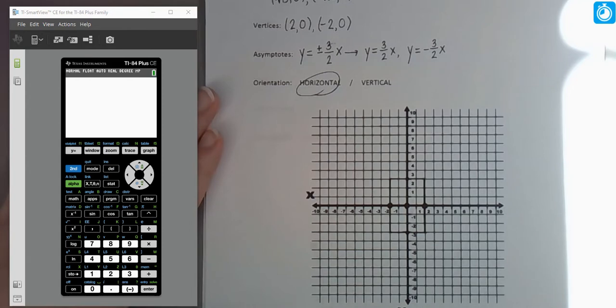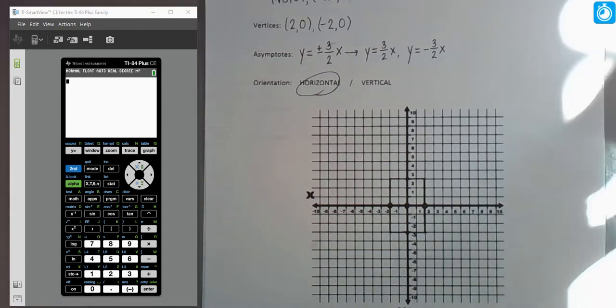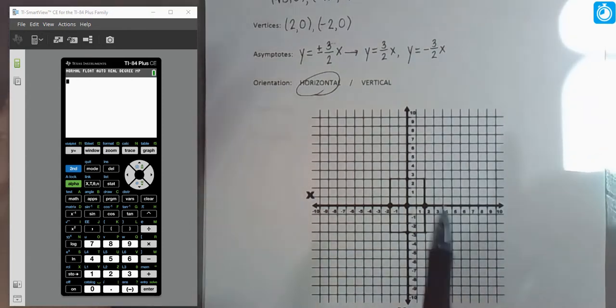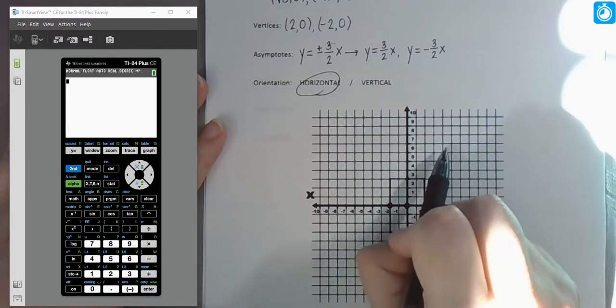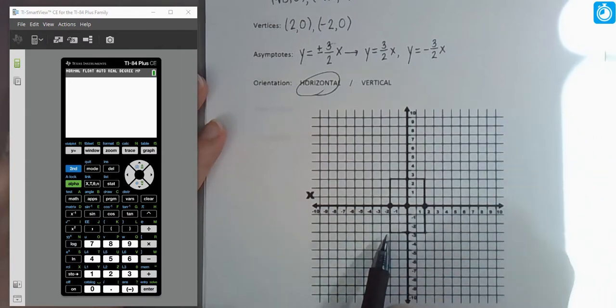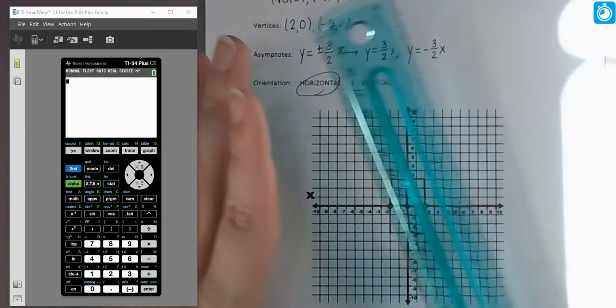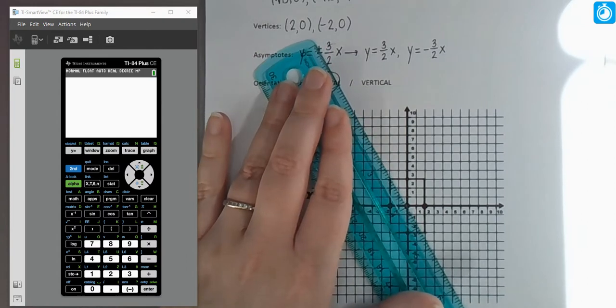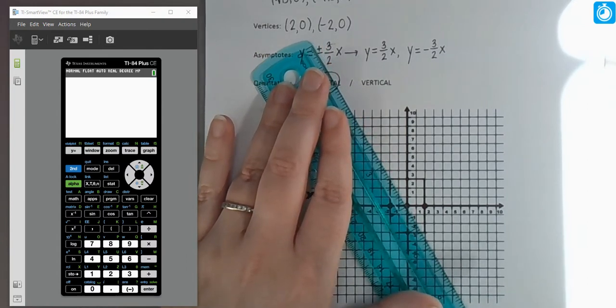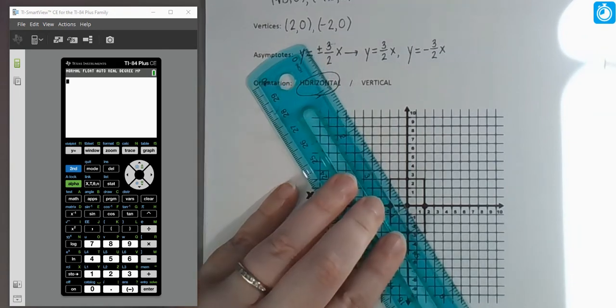Okay, so that is going to be our guideline for drawing our asymptotes. So if we draw diagonal lines that pass through each pair of opposite corners, then we essentially have our asymptotes. And I'll make sure to draw these with a marker. So I'm going to line up my straight edge so that it passes through a pair of opposite corners. And then I'm going to draw my asymptotes.